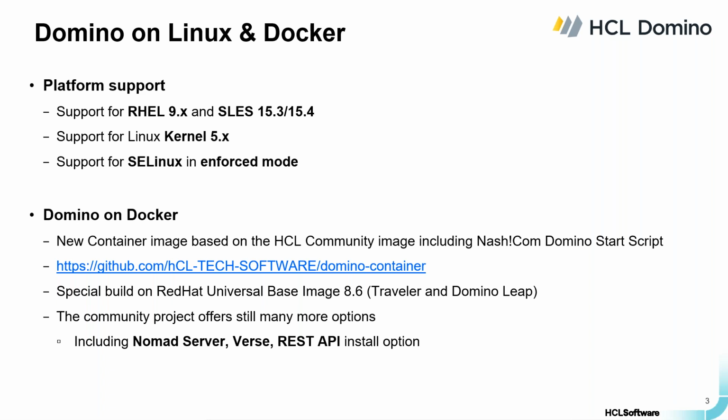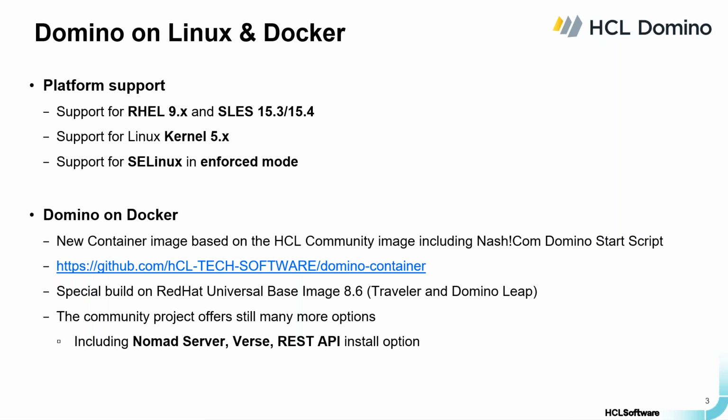What we also got in the Domino 12.0.2 release is a new container image. It is now based on the community image that I'm working on with a couple of other volunteers, and it includes my start script for Linux.